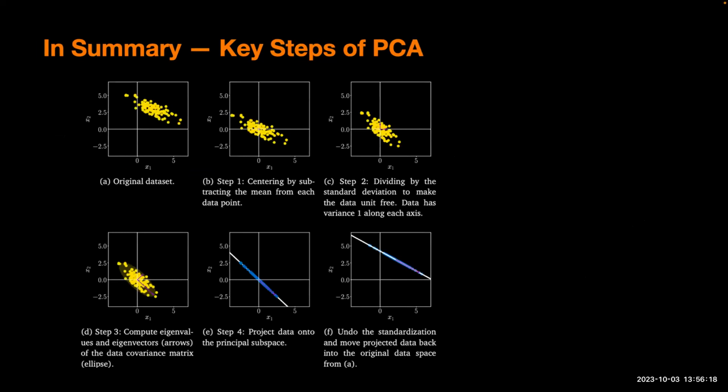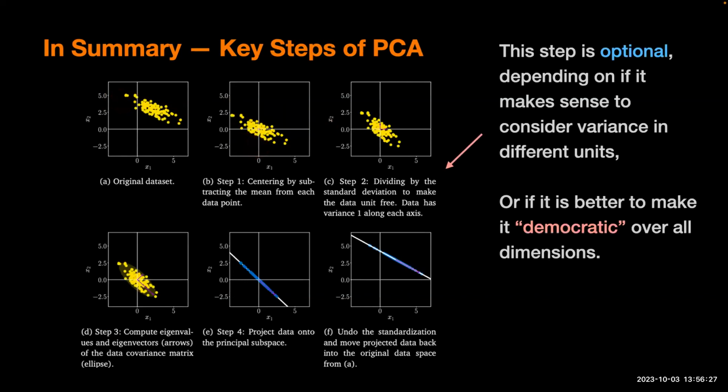Okay, so to recap what we have done today, you have a bunch of data points. In order to run PCA, you will shift that to have mean 0. And then if you have different dimensions, sometimes you need to standardize all the units. This is a choice, depending on how you think about which unit is more important.